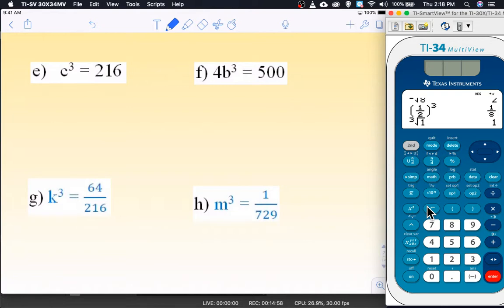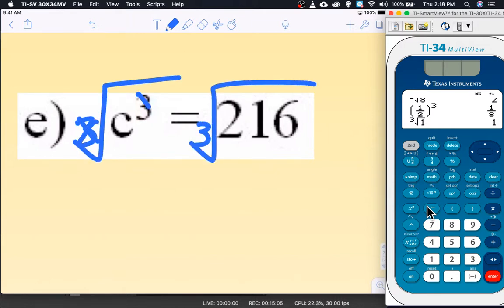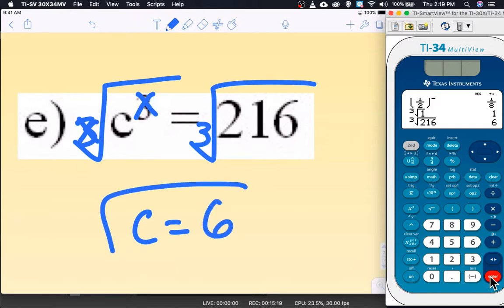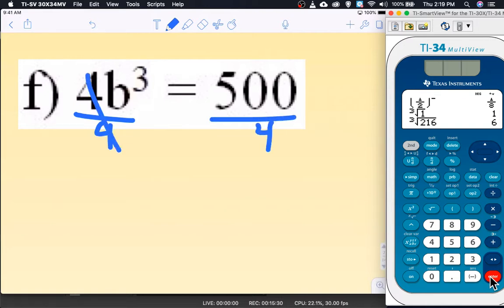2 more here. Let's see. 2 for me. I just have to straight up cube root this. There's nothing else to do. There's nothing to simplify. So those cancel, and C equals the cube root of 216, which is 6. Letter F. If we divide by 4, these cancel out.